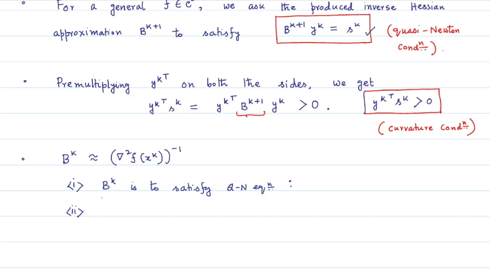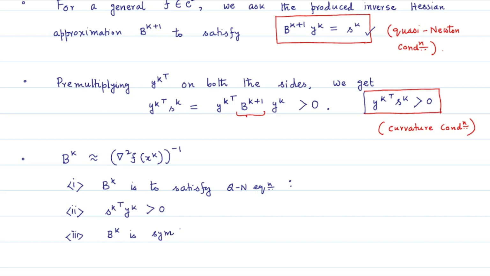And the second condition is that, to make this Bk positive definite, we may seek the help of the curvature condition that sk transpose yk, or yk transpose sk, is greater than 0. And also we need to take the condition that the matrix Bk is a symmetric matrix, because the Hessian for a twice continuously differentiable function is always symmetric. So we take here Bk to be a symmetric matrix.